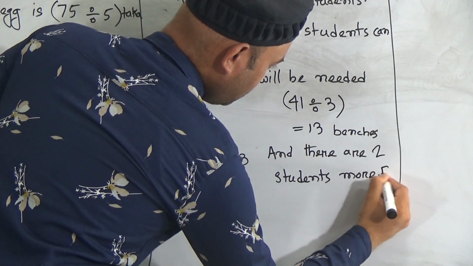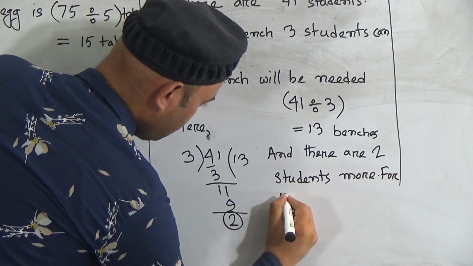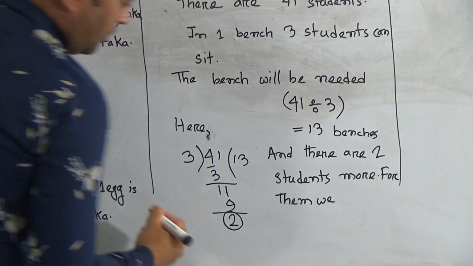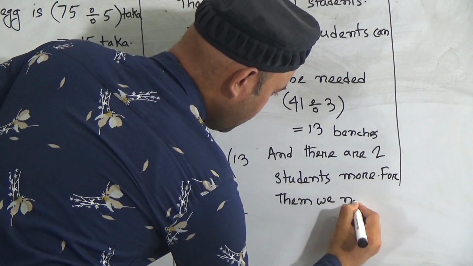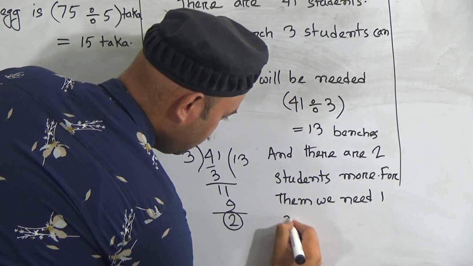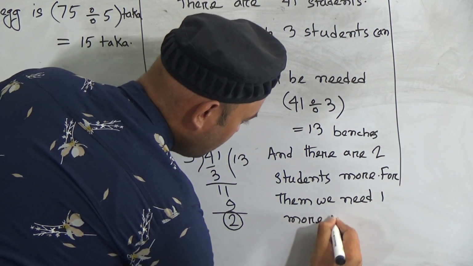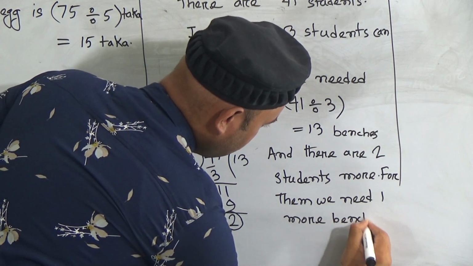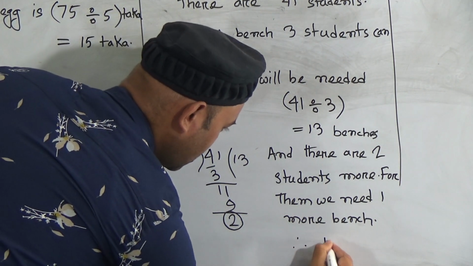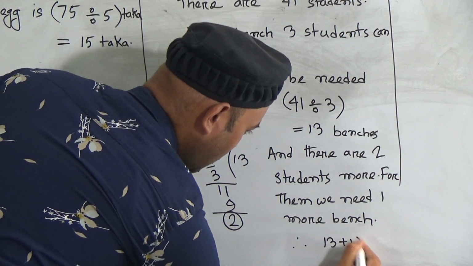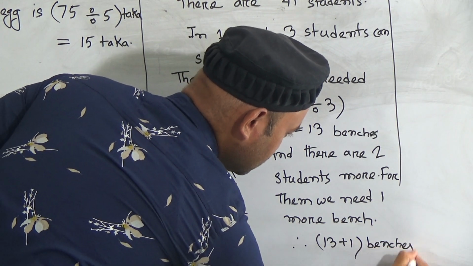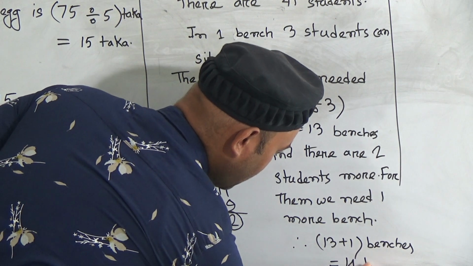For them we need 1 more bench, that is 13 plus 1 benches equal 14 benches.